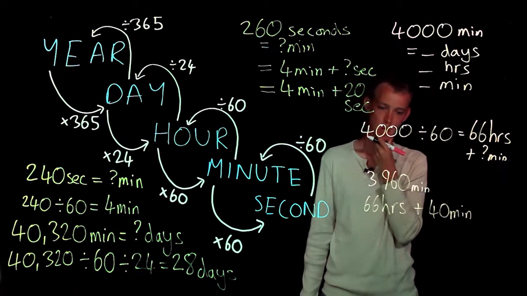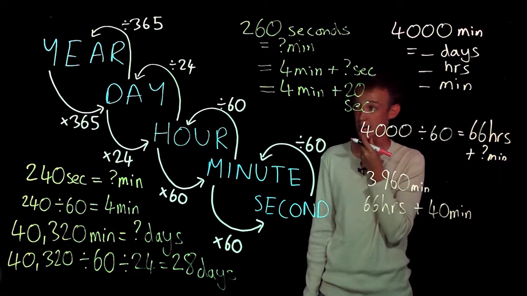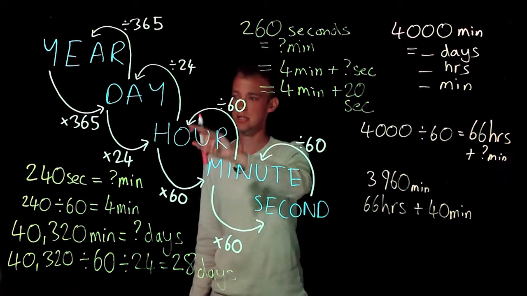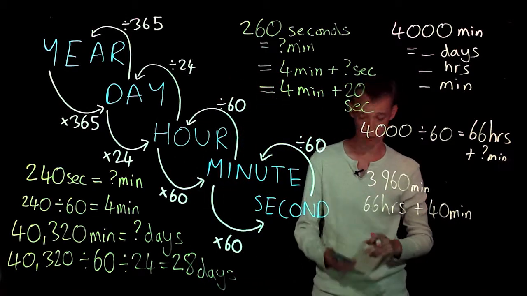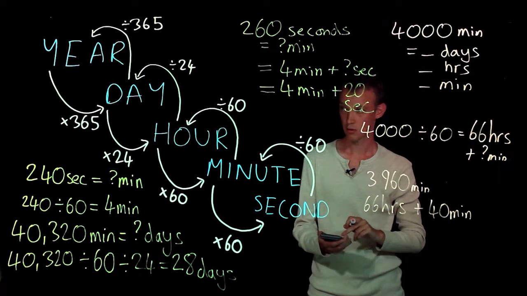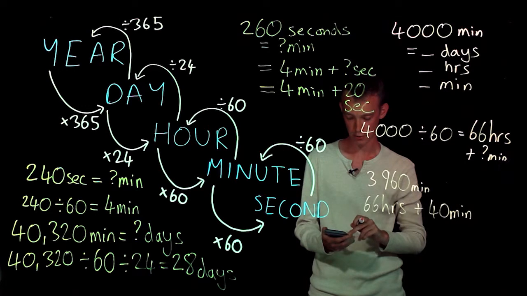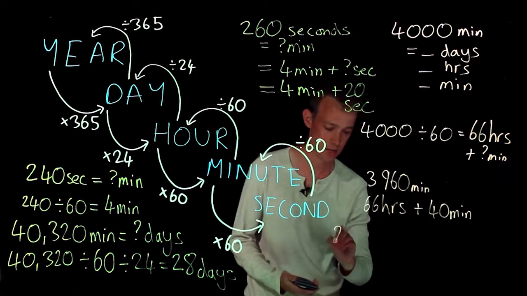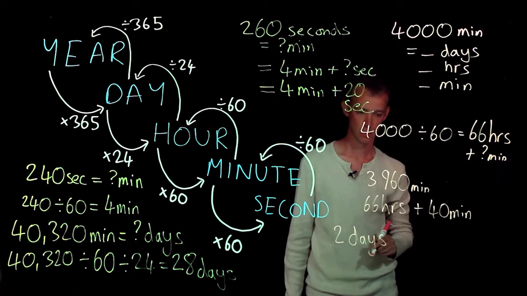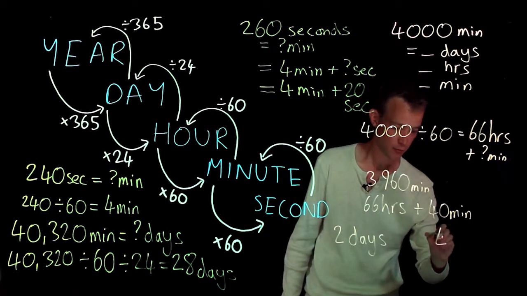Right. I need to also work out the number of days. 66 hours into days. My hours into days, I'm dividing by 24. So, 66 divided by 24, I've got 2 days. And again, I've got a remainder. So I've got 2 days. I've also got my 40 minutes.